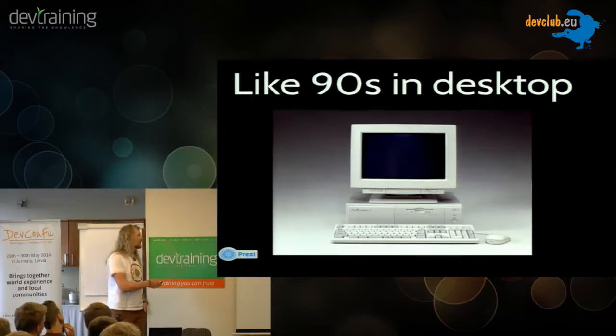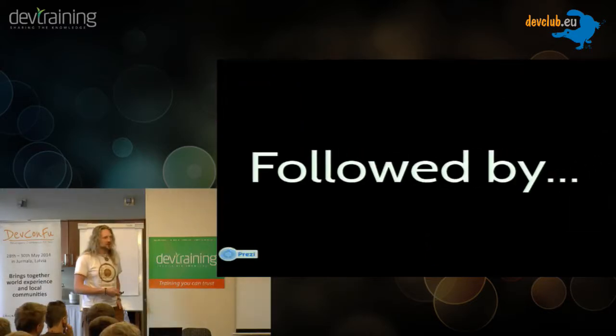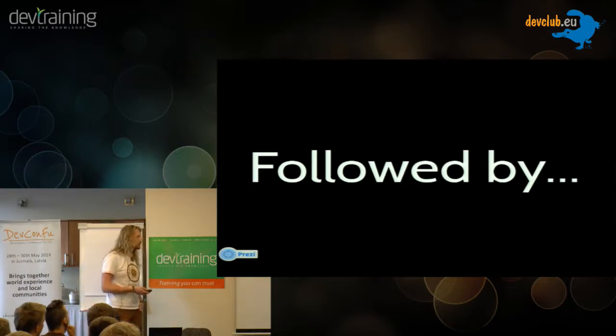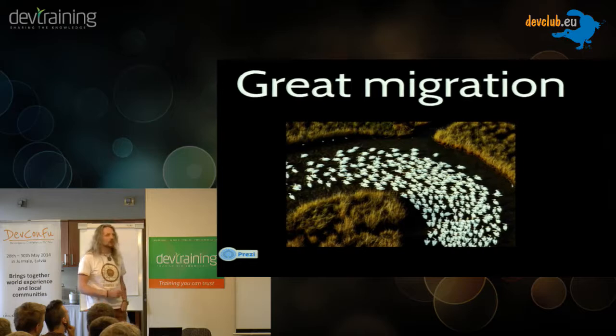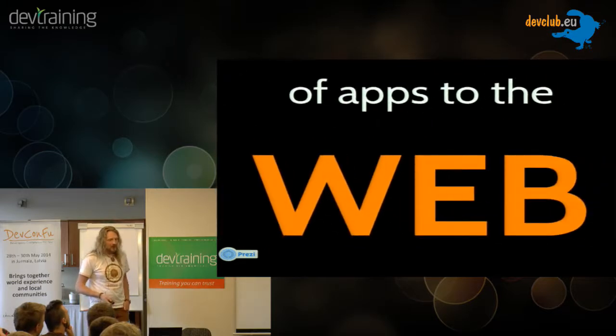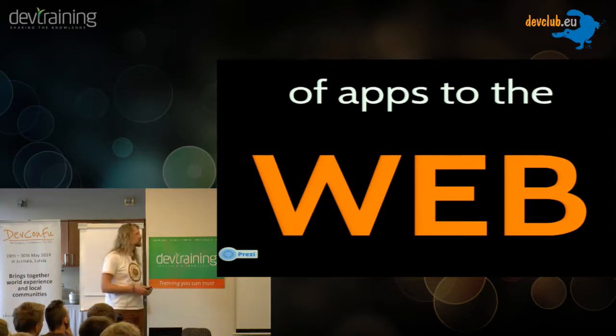The era of the 90s and the first half of the 2000s was followed by the great migration of apps to the web. Why did it happen? Because it's much easier to distribute your apps. You have your apps hosted somewhere and your users just use them. It's much easier, you don't need to update it and whatever.